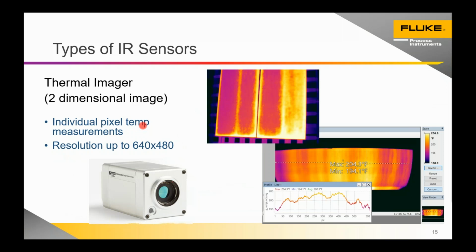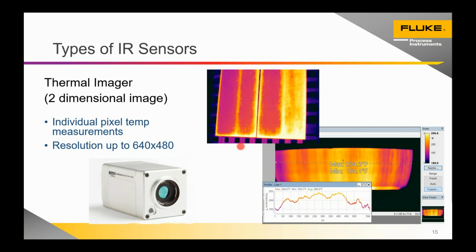Lastly, we've got thermal imaging cameras, sometimes referred to as FPA cameras, focal plane array. It's a two-dimensional image. The resolution in terms of pixels is quite similar to a line scanner, but because we're taking a two-dimensional image, we're refreshing that complete image up to 60 times a second.